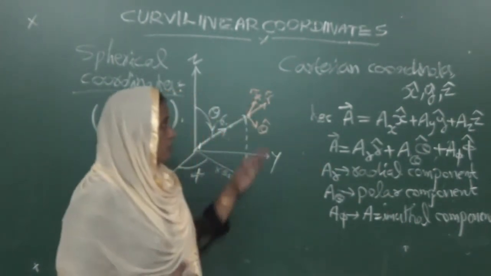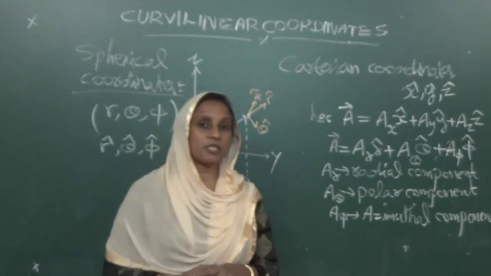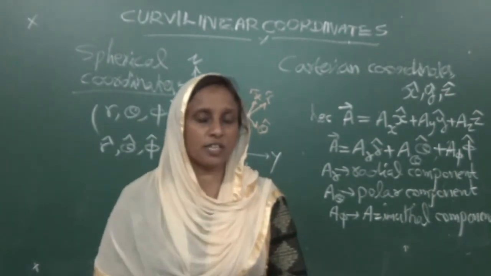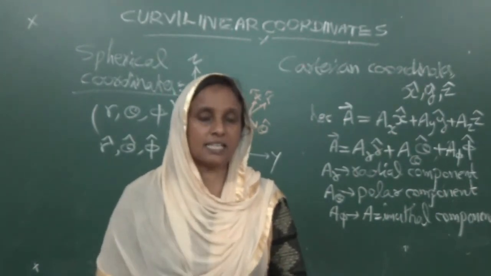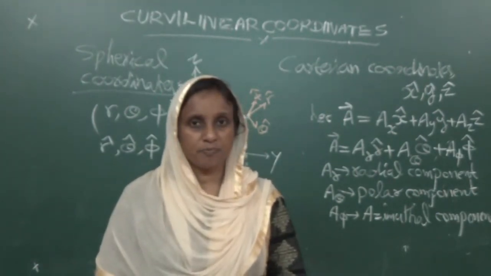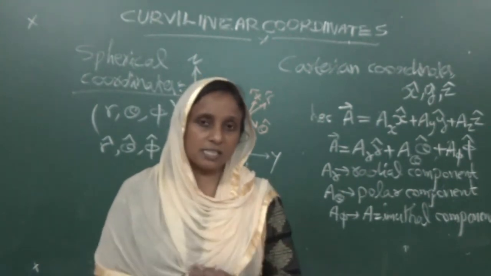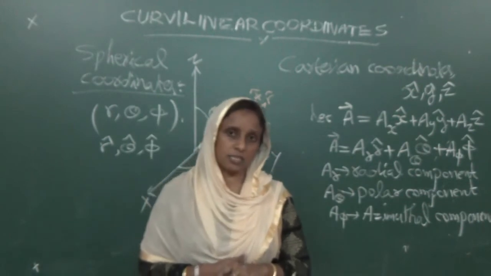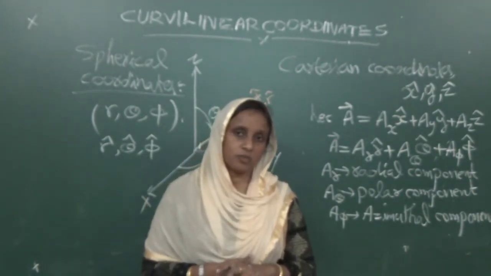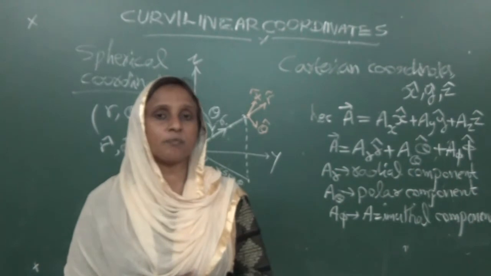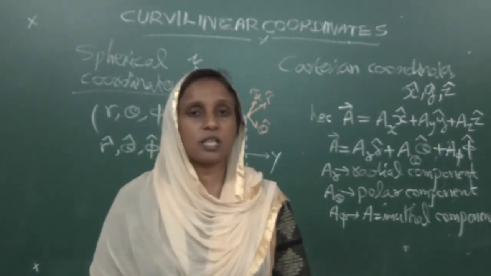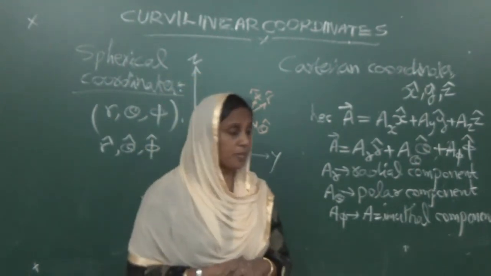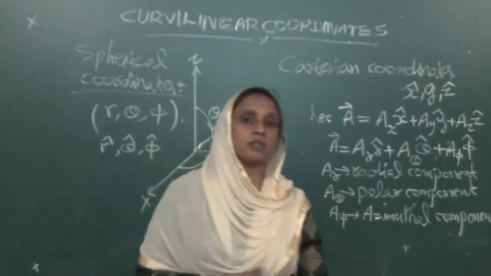So this spherical coordinate system is an orthogonal curvilinear coordinate system. We have three unit vectors, r cap, theta cap and phi cap. For a physical system, we can use either Cartesian coordinate system or spherical coordinate system. Depending on the symmetry of the system, we can select spherical or Cartesian system. This makes the analysis of the system easier.